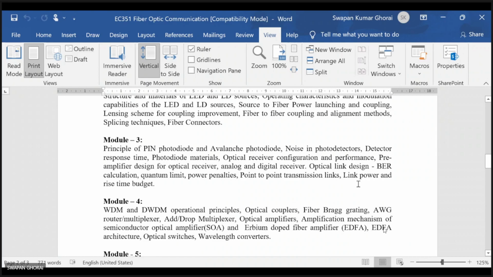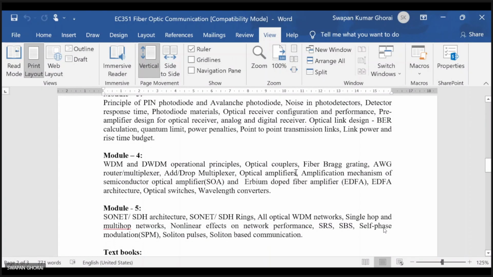Suppose you have designed a link system with some components, but your performance does not meet the requirement. At that time you have to change the components. So how will we do that? That will be based on this power budget analysis or the rise time budget analysis. So this is the third module.